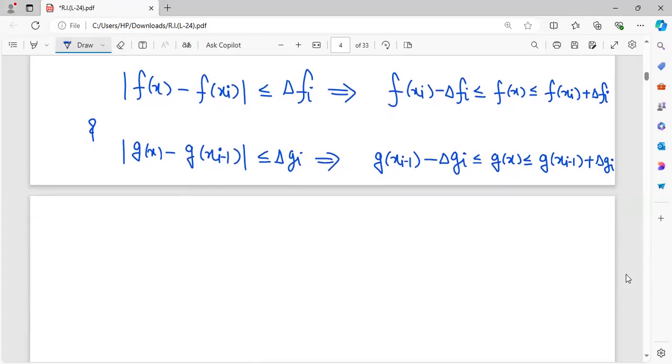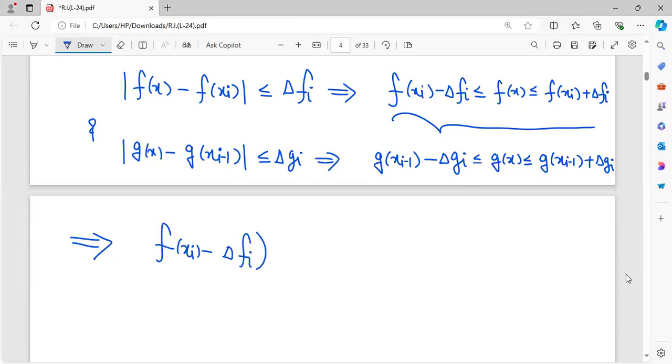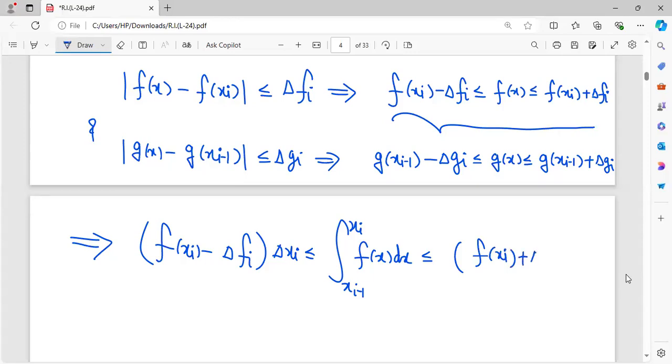Now from here, what will we get? Because this is constant and this is also constant, f(x) lies in between this. So this implies [f(xi) minus delta fi] delta xi is less than or equal to the integral from xi-1 to xi of f(x) dx, which is less than or equal to [f(xi) plus delta fi] delta xi.